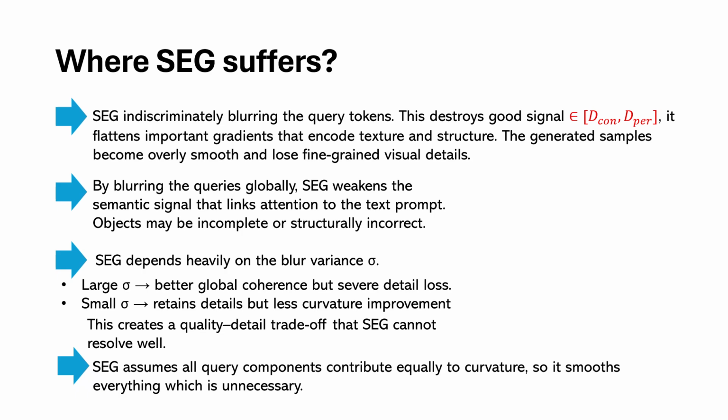However, SEG blurs the query tokens indiscriminately, which causes unwanted smoothness by flattening important gradients that encode texture and structure. So sometimes the generated samples become overly smooth and lack fine-grained visual details.